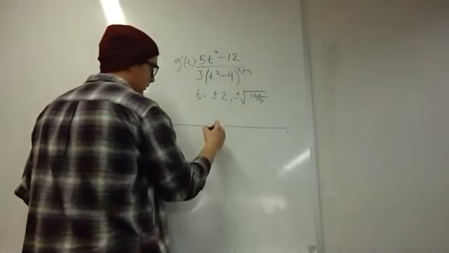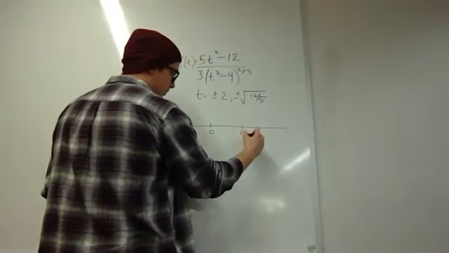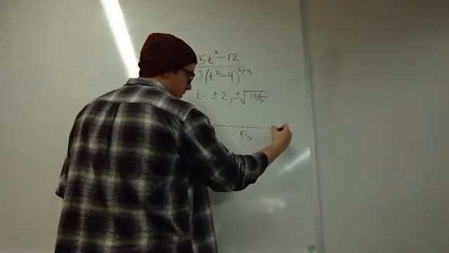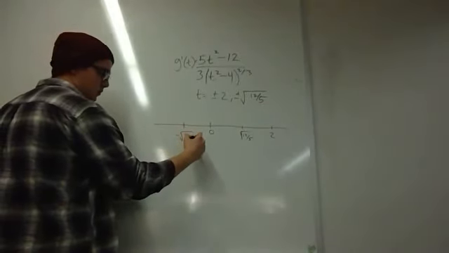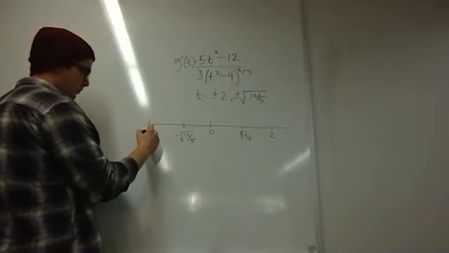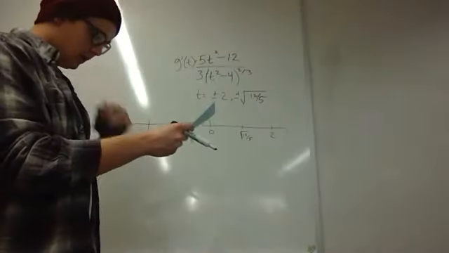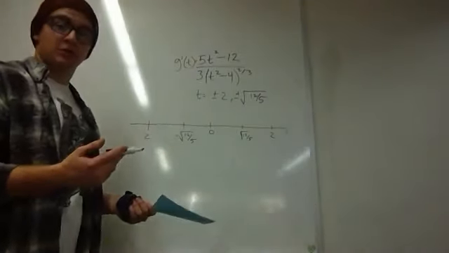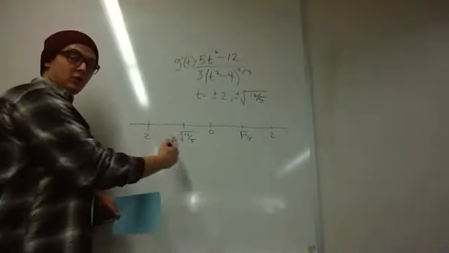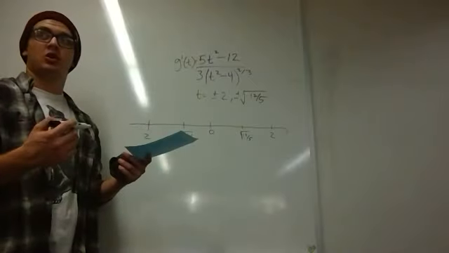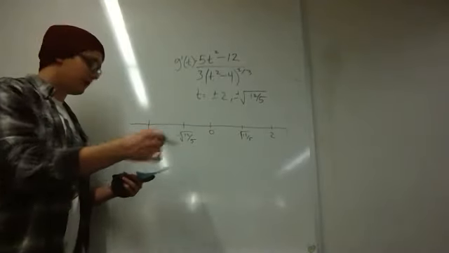So now from this, we're going to draw our number line. Here's 0. Here's the square root of 12 over 5. Here's 2, and vice versa. Essentially what we're going to do, just like normal, is input values within these critical points in order to determine if the function is increasing or decreasing along this number line.